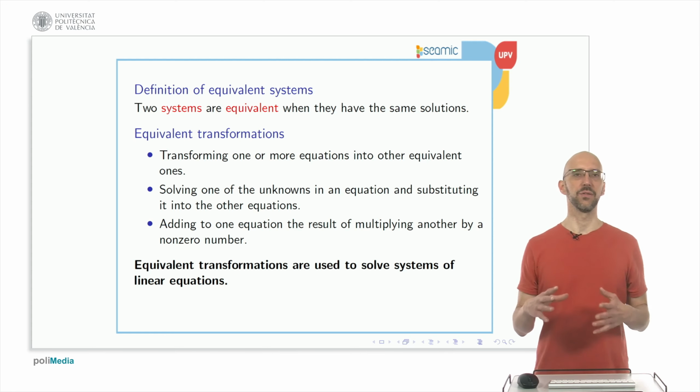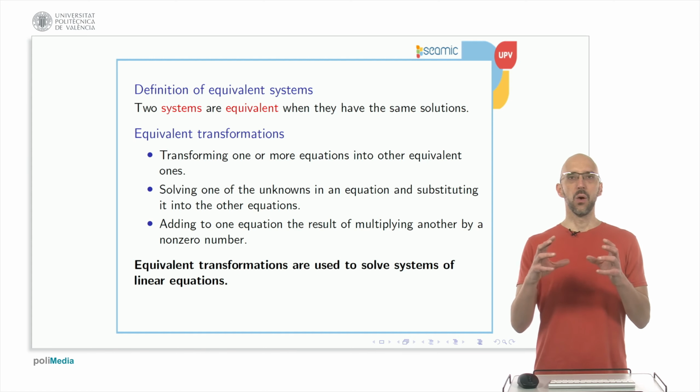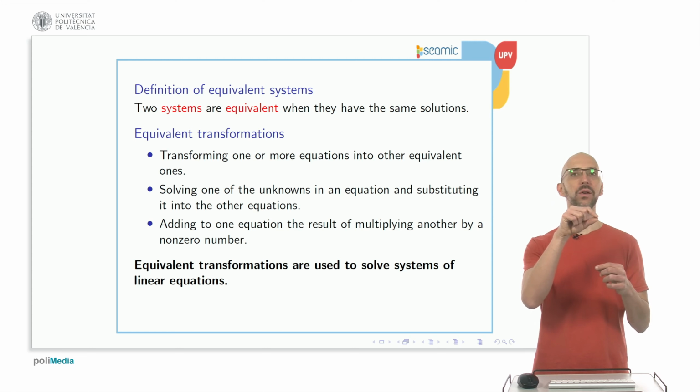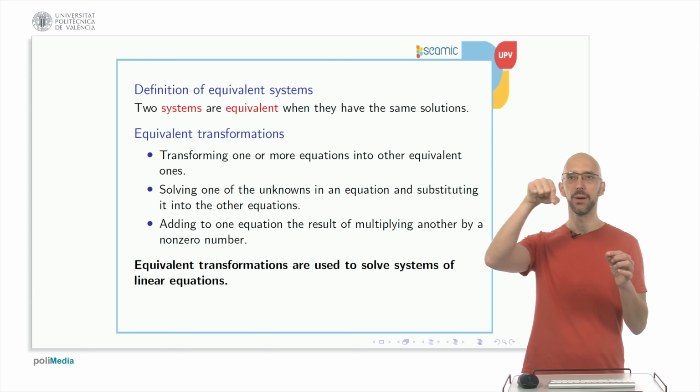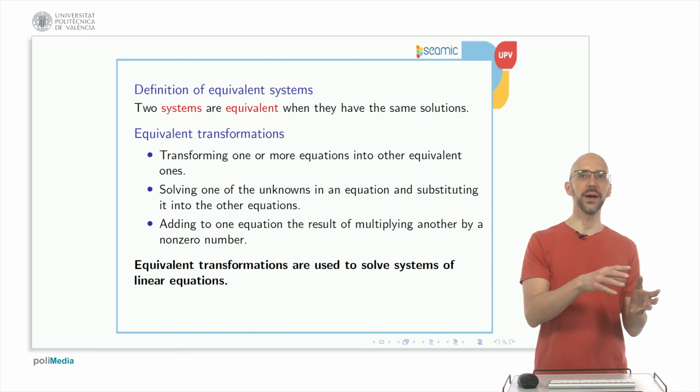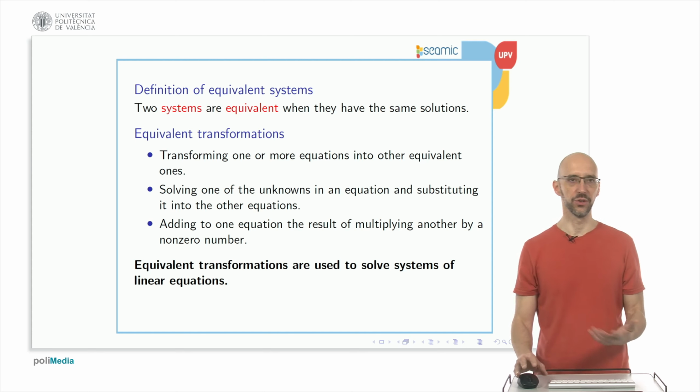Maybe I'm not explaining myself correctly. An easy way to transform a system is just, like in the second point, I solve for one of the variables in one of the equations and I put that unknown in the other equation. So I'm just solving for one variable and replacing in the other equation.